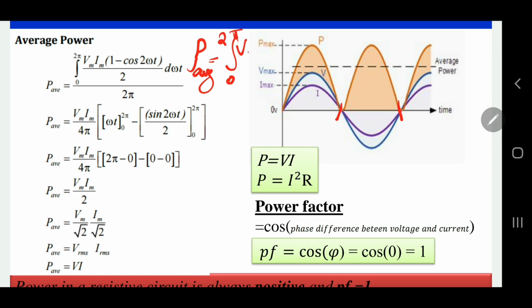The equation is the integral of p d omega t divided by 2 pi, the time period, where small p is the instantaneous power value, which we already found out.